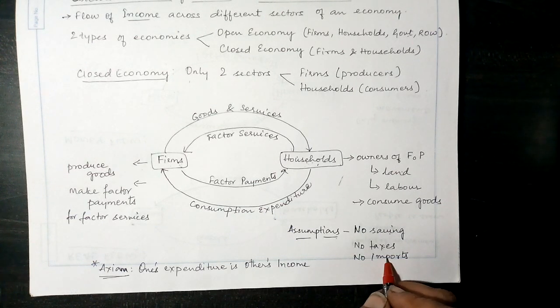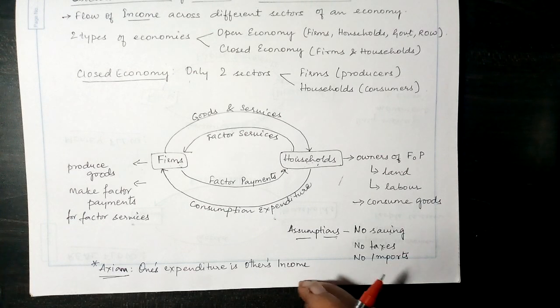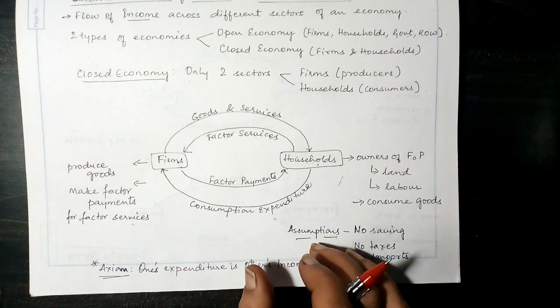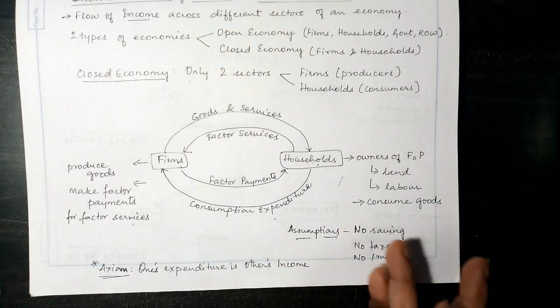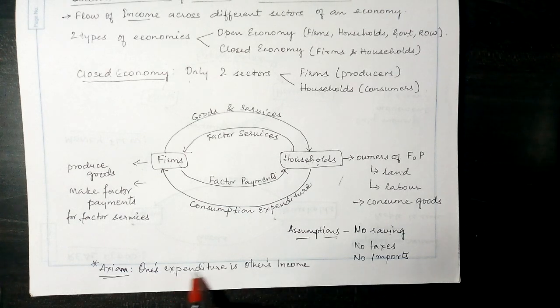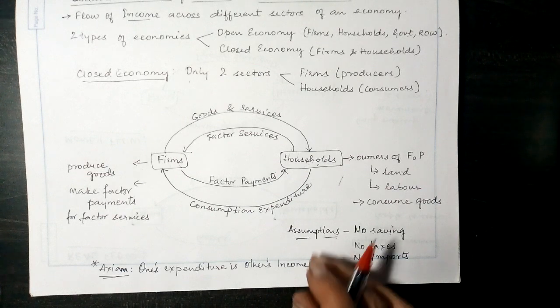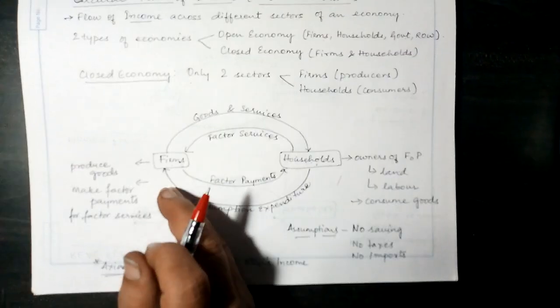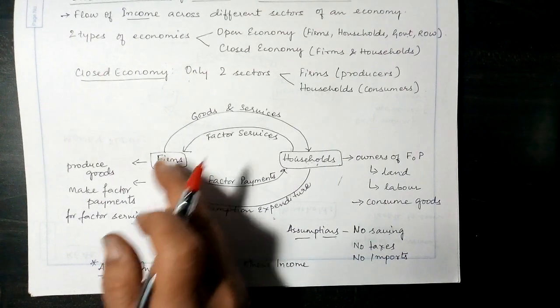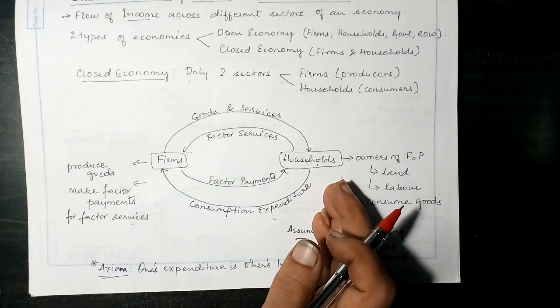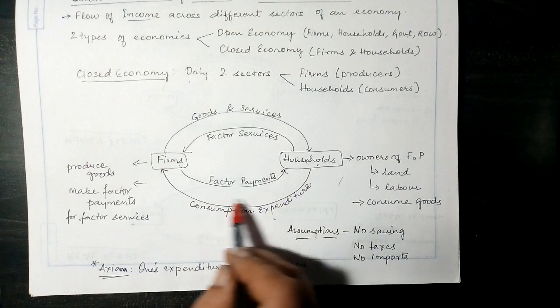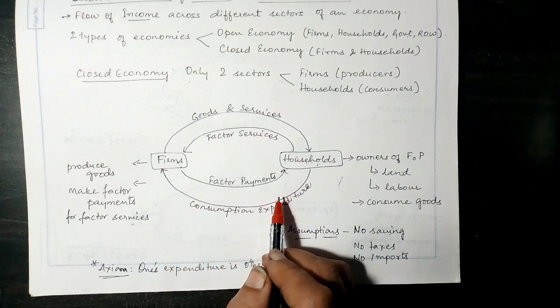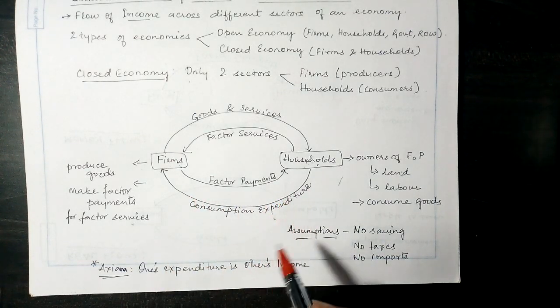The entire circular flow in this economy is based on the axiom that one's expenditure is others' income, isn't it? So whatever the households spend goes to the firms, and the firms in return produce the goods and services for the households. So the money keeps circulating between these two sectors, and that is why it is called a circular flow.